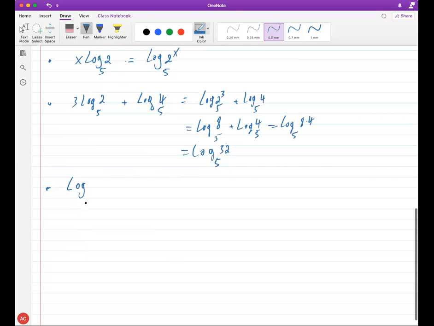Let's say evaluate this here, 7, plus maybe some power here, 3, minus log.